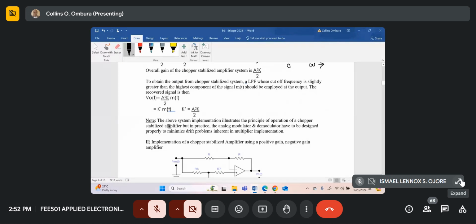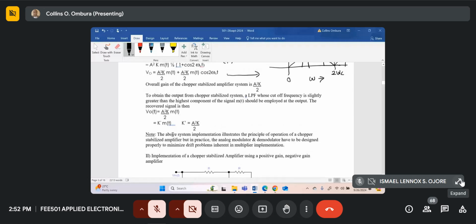The important thing to note is that the above implementation, the carrier-based implementation, illustrates the principle of operation of the chopper stabilized amplifier, but in practice, the analog modulator and demodulator have to be designed properly to minimize drift problems inherent in the multiplier implementations.